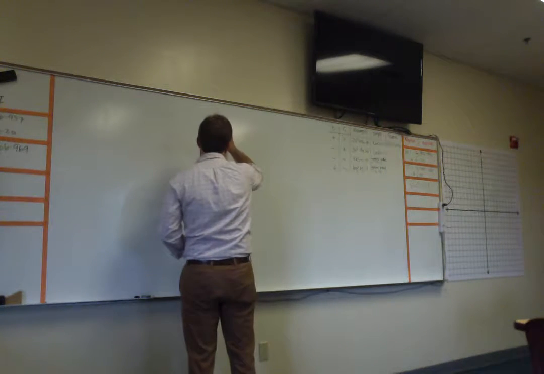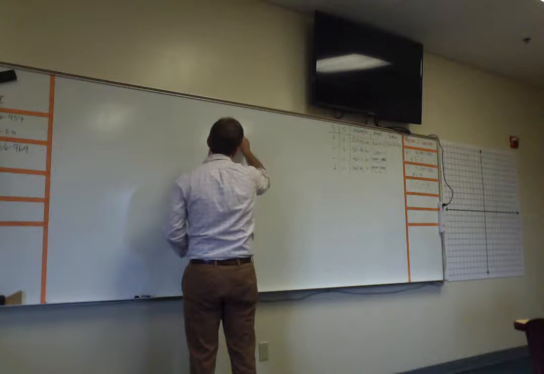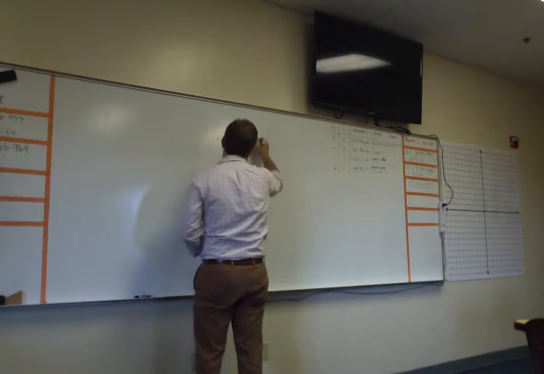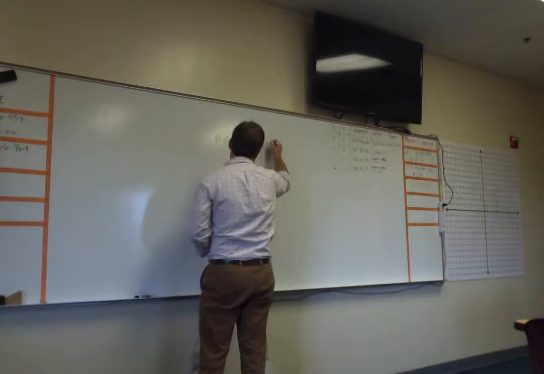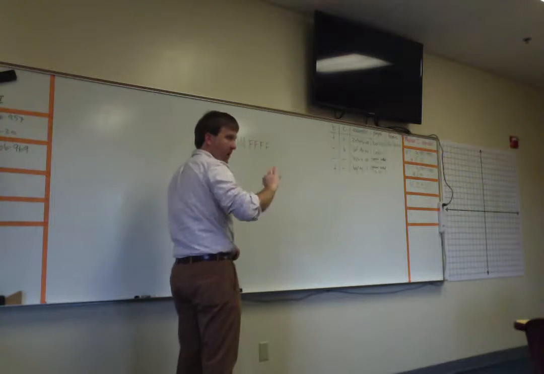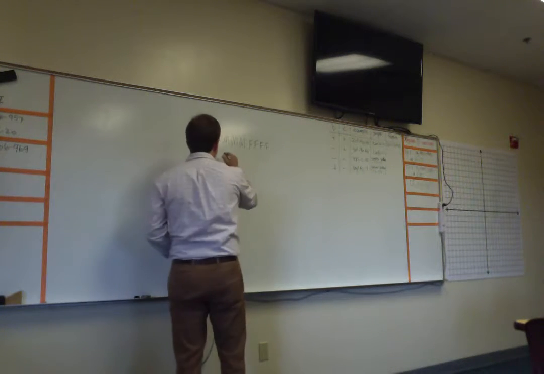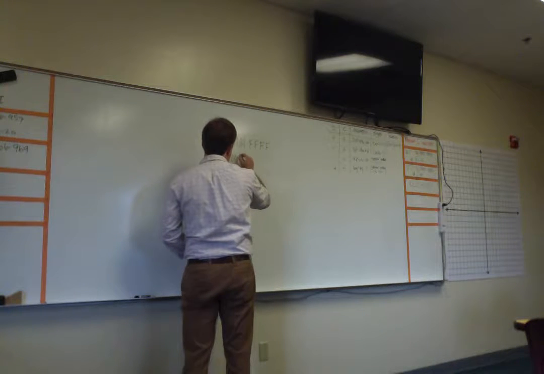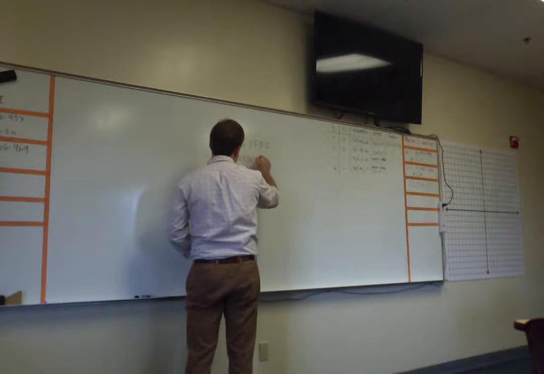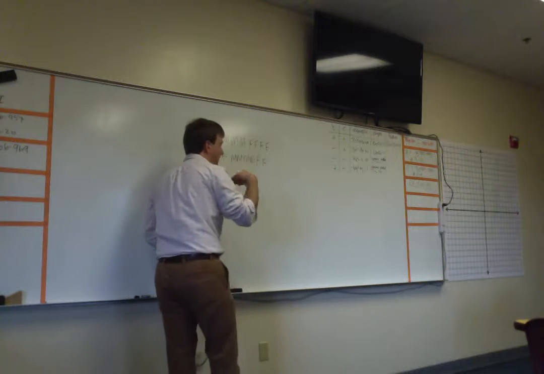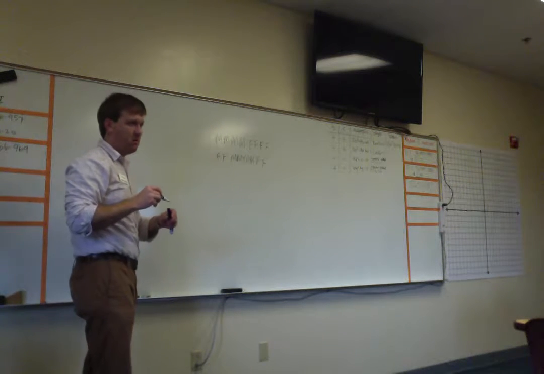So for instance, M, M, M, M, F, F, F, F is okay, a favorable outcome. However, F, F, M, M, M, M, F, F is not a favorable outcome. Okay?